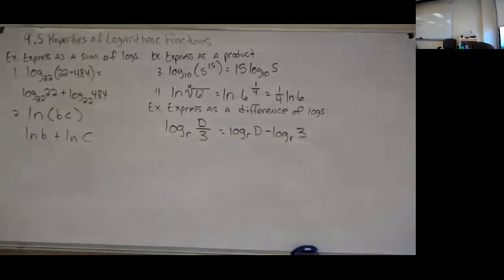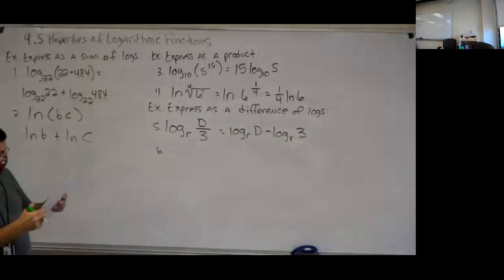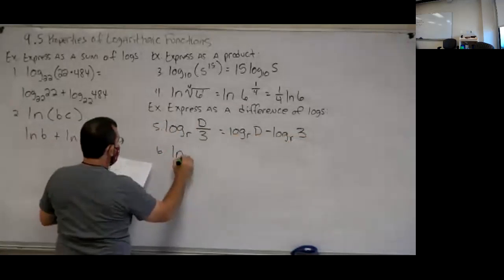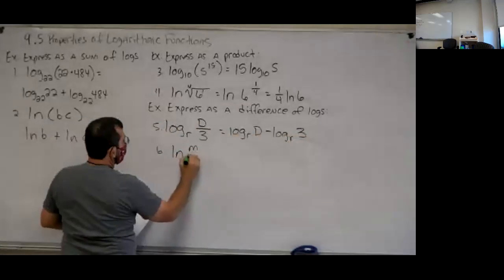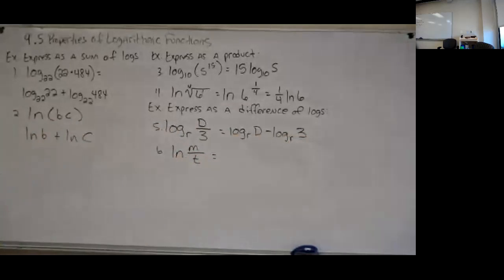So, y'all good? So that would have been 5, my bad. And then 6, we're going to do it with the ln's, remember? So this is ln of m divided by t. Now, y'all, one thing I will say on this, MyMathLab is picky about capital letters and lowercase letters.